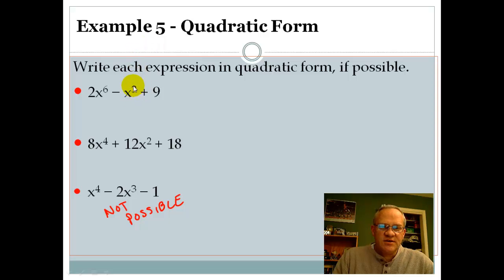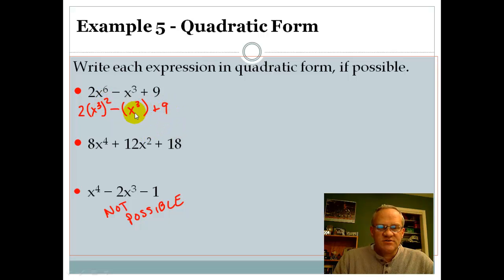Basically, here's what we're saying: in this case, what if I made x to the third the variable? So in other words, I'm just going to put it in parentheses to show that it's the variable, not x as the variable. The 9 part stays the same. I just have to be able to rewrite this as x to the third squared. That's why it has to be double. So I would write this as 2 times x to the third squared.